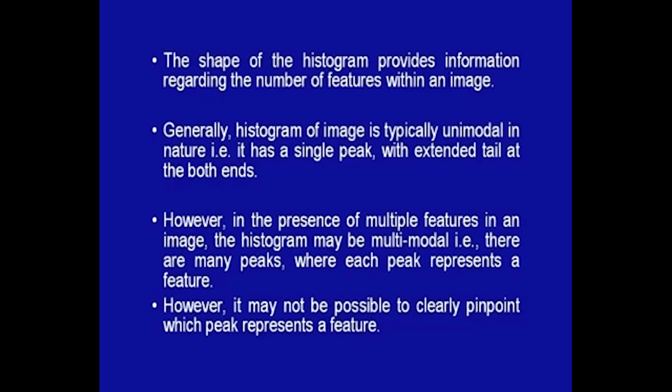However, in the presence of multiple features in an image, the histogram may be multimodal, that is, there are many peaks where each peak represents a feature. However, it may not be possible to clearly identify which peak represents a particular feature.